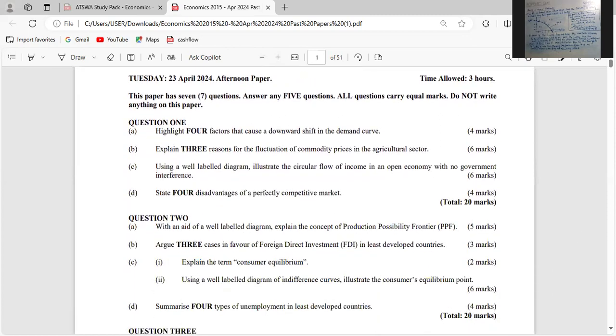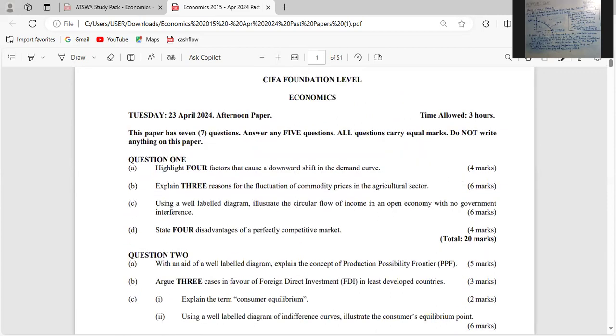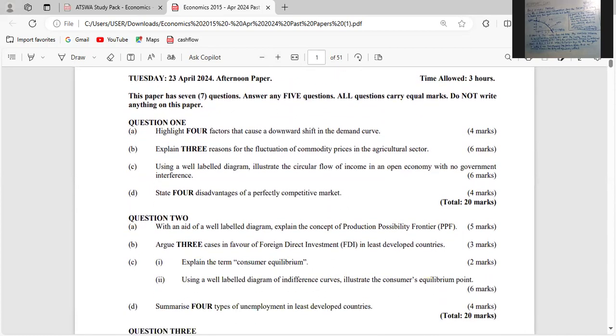I think it was last sitting. Question number 2A, April 2024. With the aid of a labelled diagram, explain the concept of production possibility frontier.